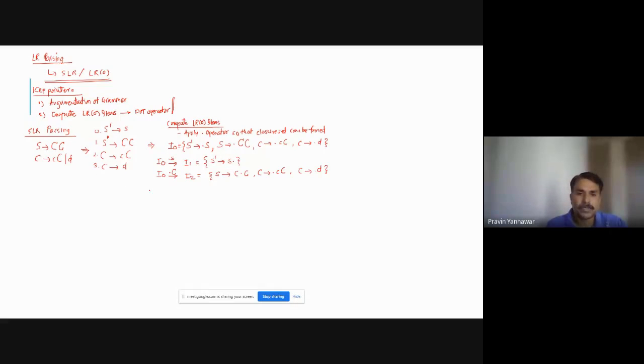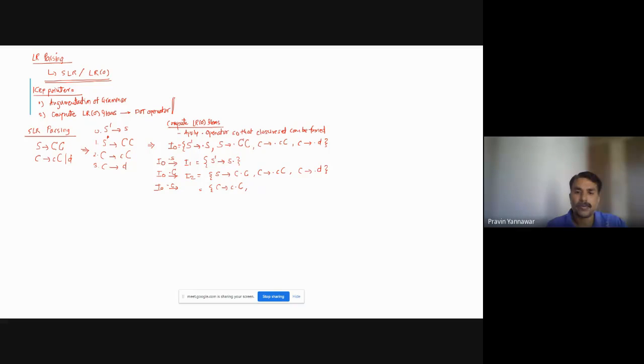So next, we can go with I0 with small c. So we have to see a production in I0 such that dot is before small c. Dot before small c means here C implies small c dot capital C, comma.